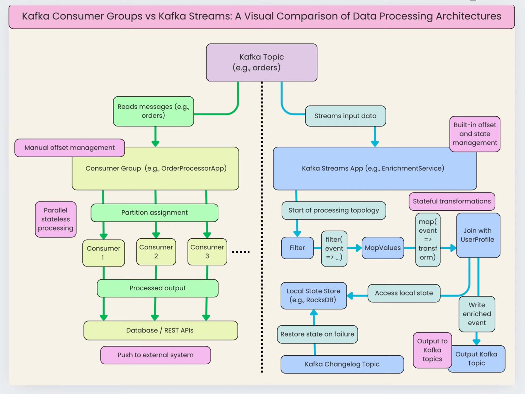You can decide to use Kafka Streams if you need real-time processing with joins, aggregates, or windows, if you want everything from ingestion to transformation to state within one application, if you're building in Java or Scala and need exactly-once guarantees.